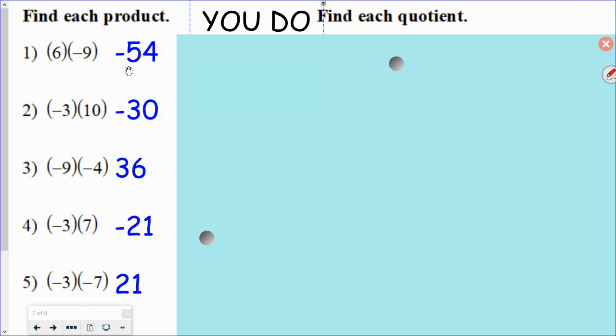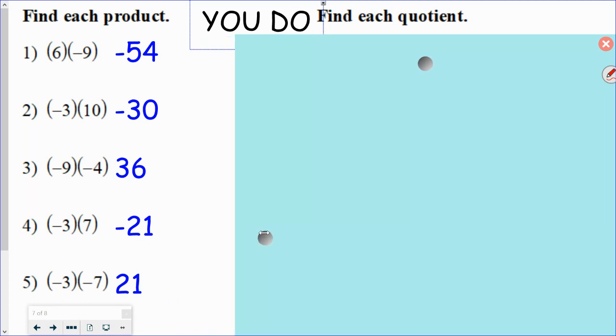This one you should have gotten a negative. Okay, and then this meant take 3 groups of -10 to get your -30. You're taking the opposite of -4 to get a positive 36. The opposite of positive 7 means you have a -21. And then you're taking the opposite of a -7 to get a positive 21.